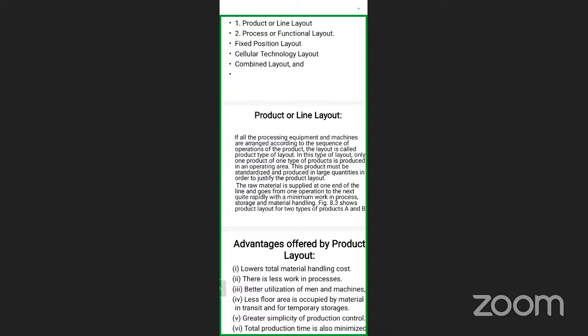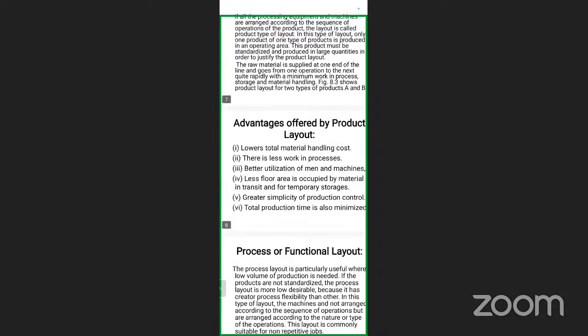In case of product layout, we have to arrange all equipment and machines in a systematic manner. Then we will get the product very quickly or very easily. And also, better utilization of men and machines. In case of product layout, no cheating. Yes or no?